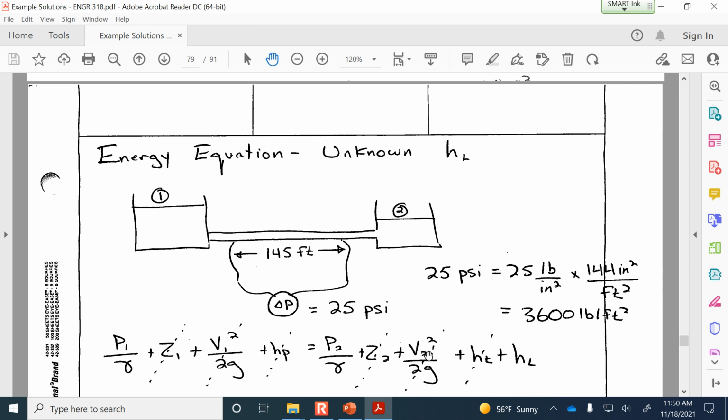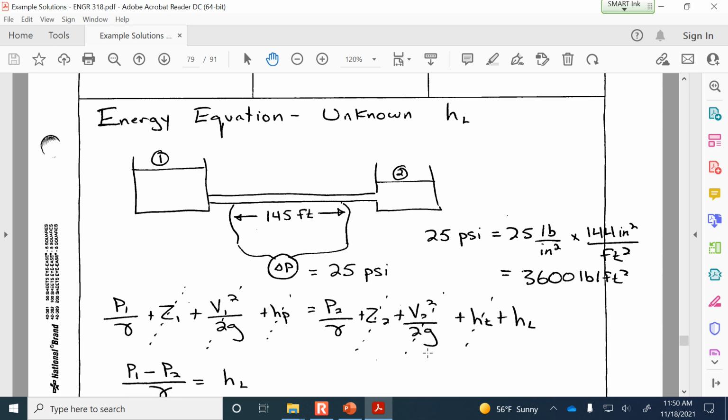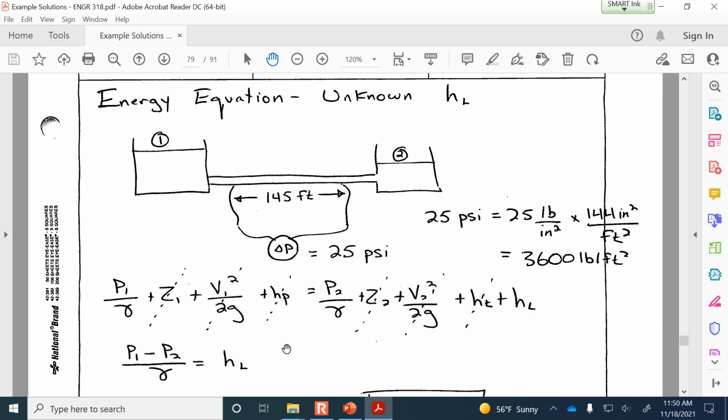There's no pump, no turbine, so all that's left is the head loss term on the right and then the change in pressure on the left divided by gamma. So earlier I'd written this on the board and you may have wondered where that came from. That just came from rearranging the energy equation and canceling out the terms that don't apply.